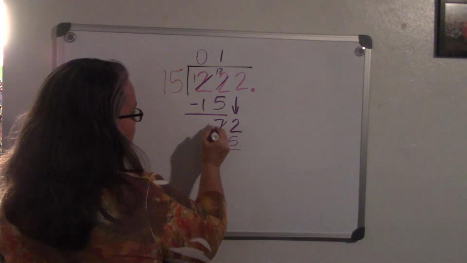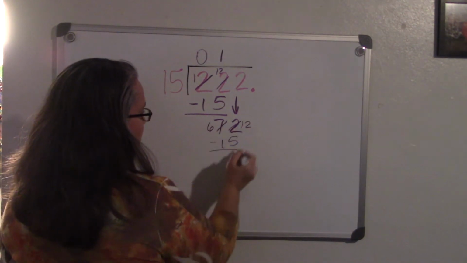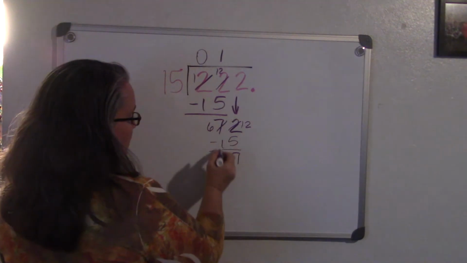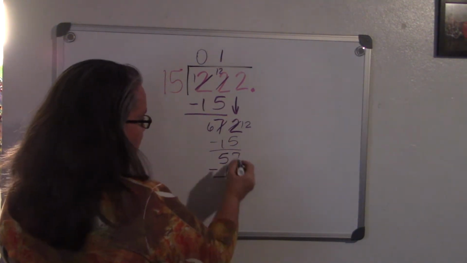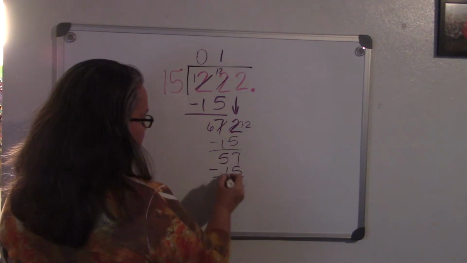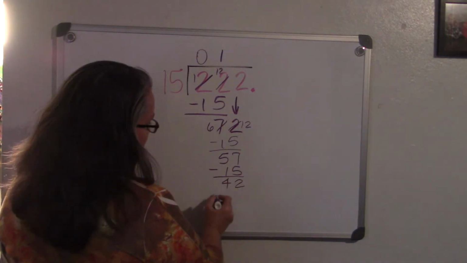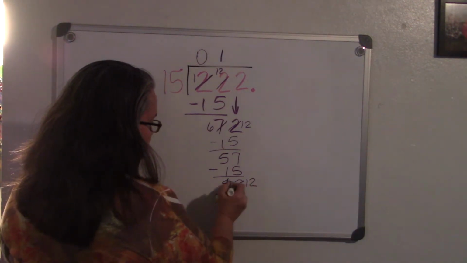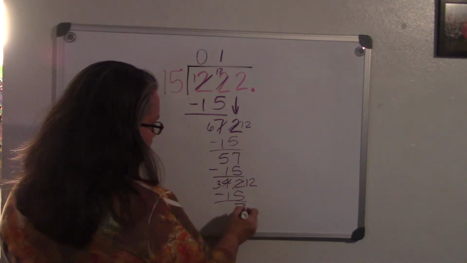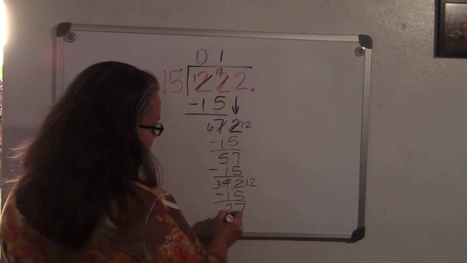I'm going to regroup. This becomes 12. This is 7. 6 minus 1 is 5. I'm going to subtract. 7 minus 5 is 2. 5 minus 1 is 4. I'm actually going to subtract again. And this becomes a 12. This becomes a 3. We have 7, and 3 minus 1 is 2.